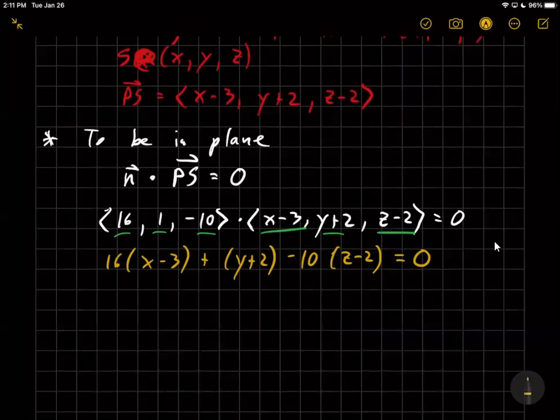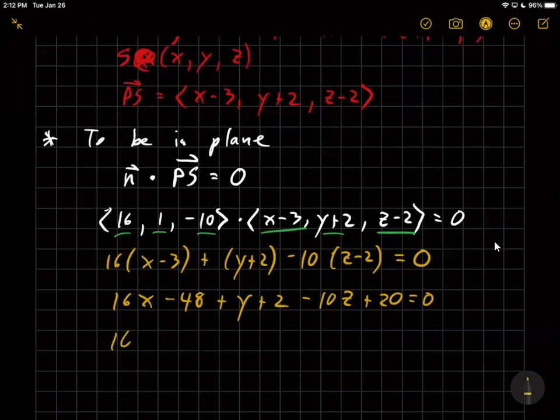You'll notice I get 16x minus 48 plus y plus 2 minus 10z plus 20 equals 0.